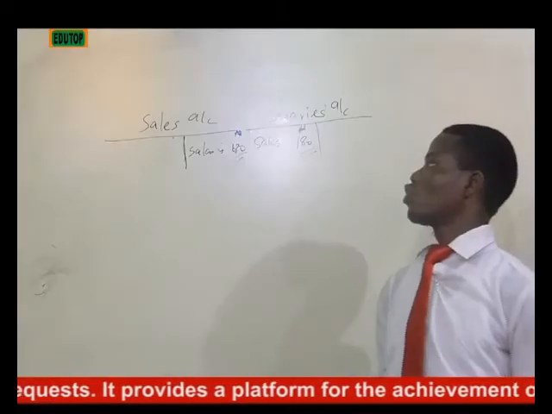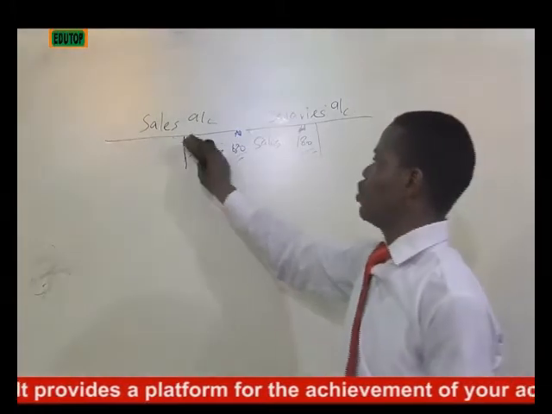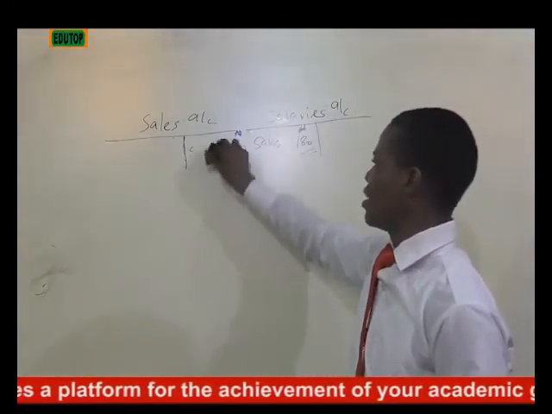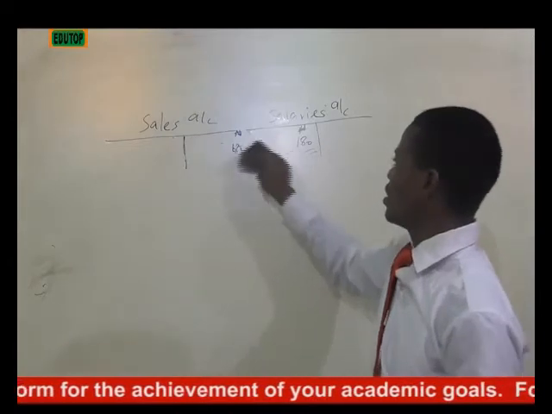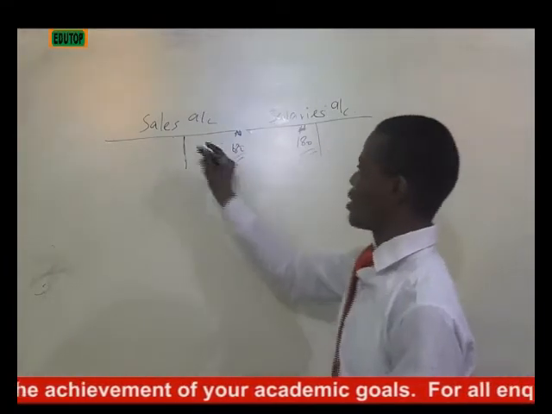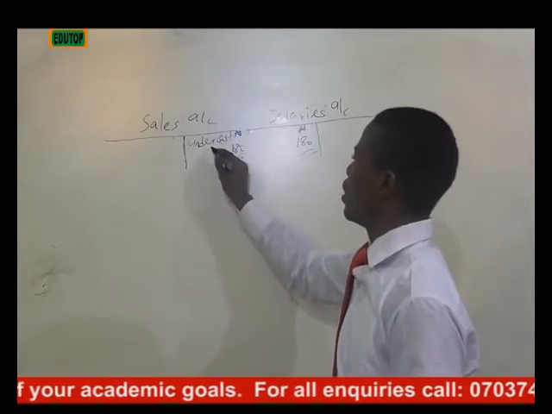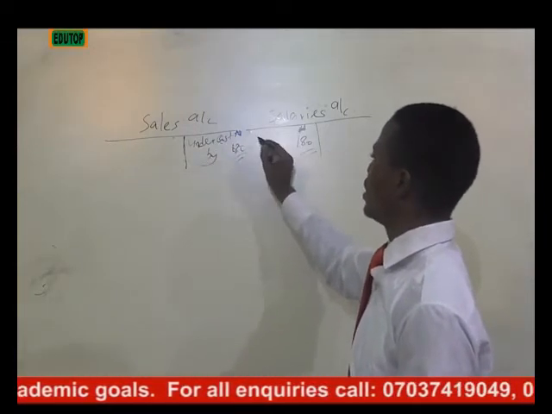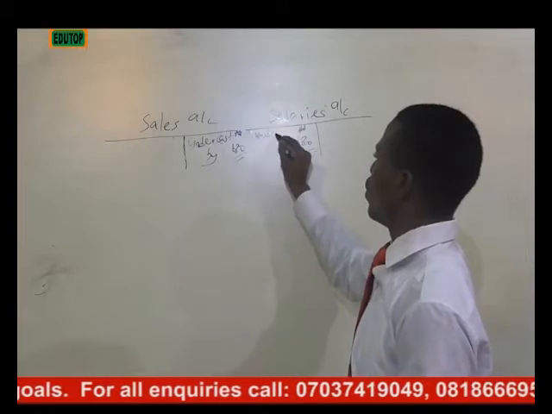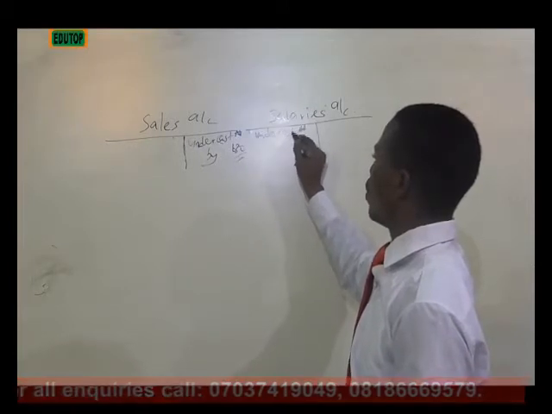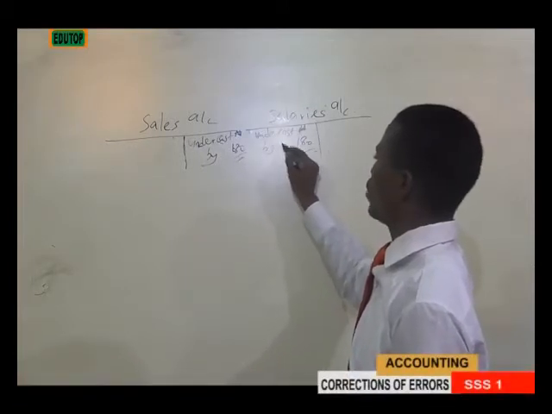Another thing is that, instead of putting salaries and sales there, you can say undercast by 180, and also this undercast by 180.